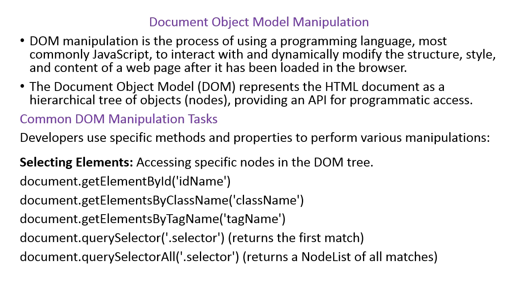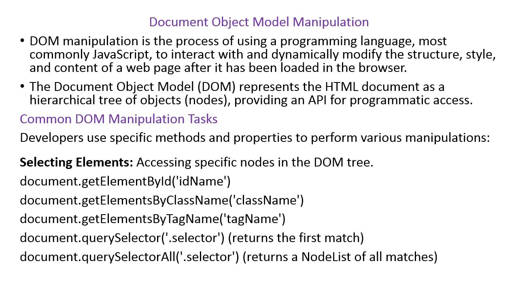Common Document Object Model manipulation tasks: developers use specific methods and properties to perform various manipulations, such as selecting elements and accessing specific nodes in the Document Object Model tree.